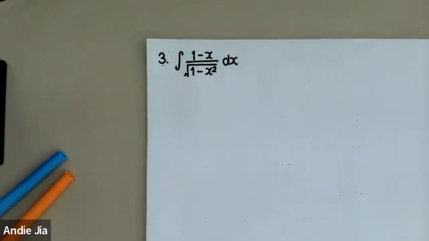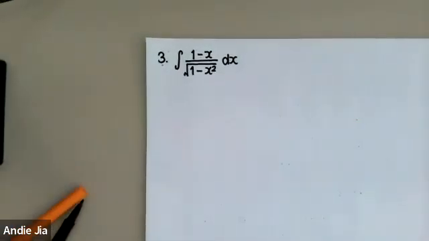Okay, this one is very tempting for you to do the u substitution, but u sub doesn't work here. So what you do is the trig sub. This is obviously an a squared minus x squared case, trig sub.